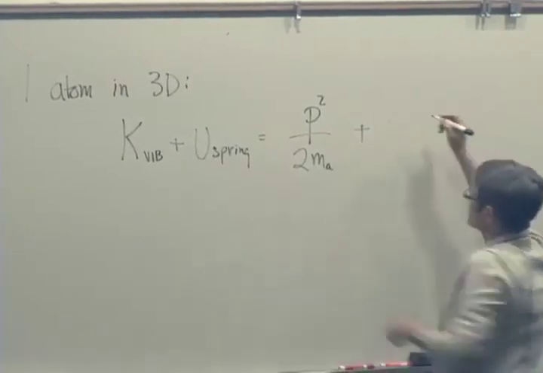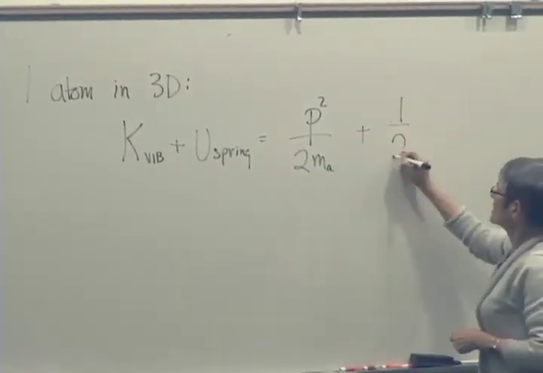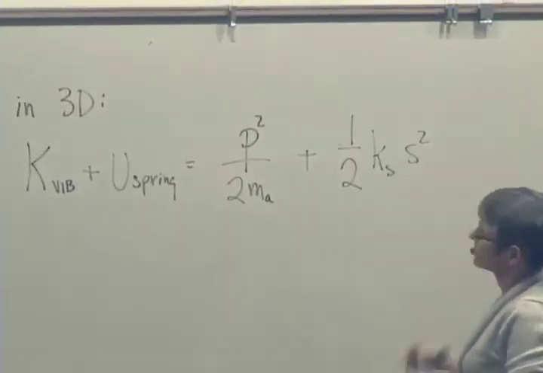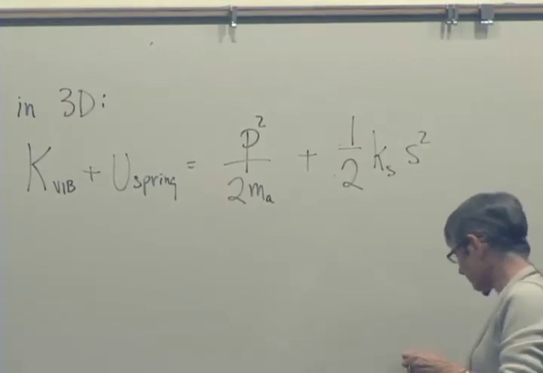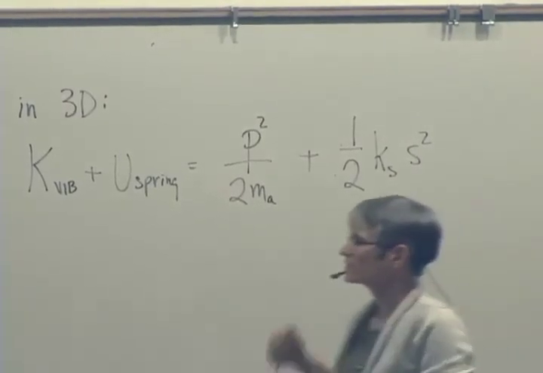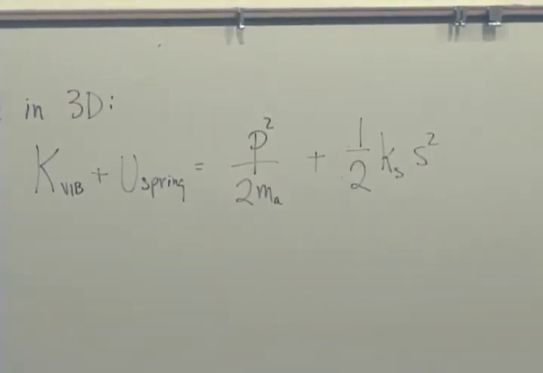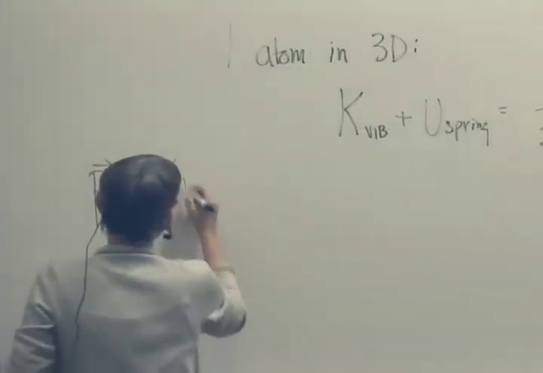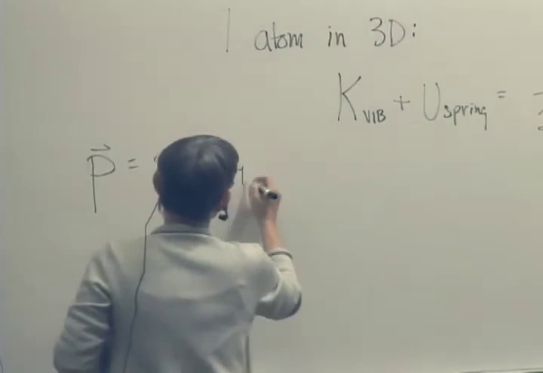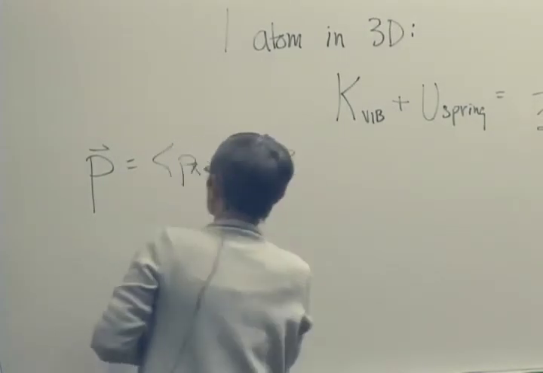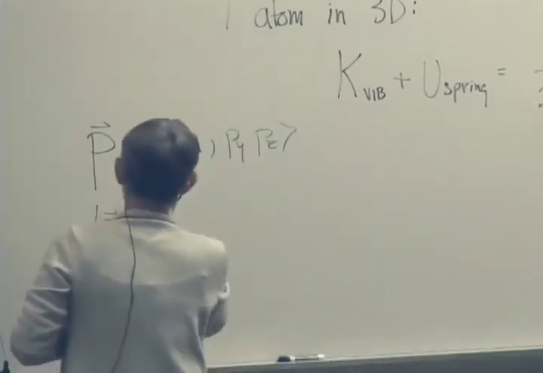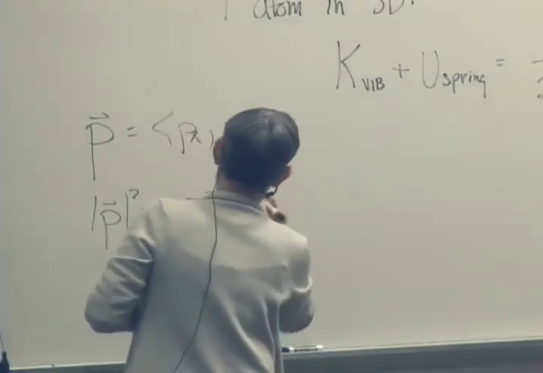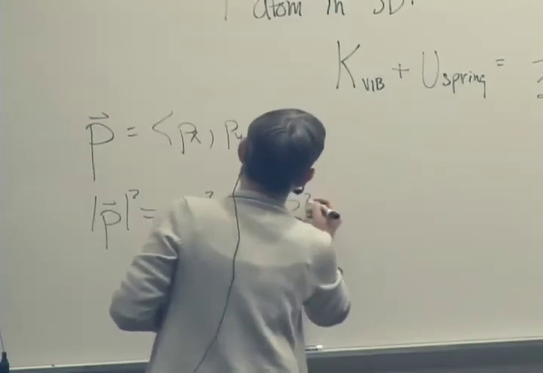And the spring potential energy, half K sub s, s squared. However, in three dimensions, of course, the momentum is px, py, pz, and so the magnitude of p squared is just px squared plus py squared plus pz squared.